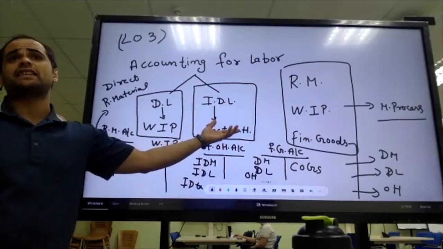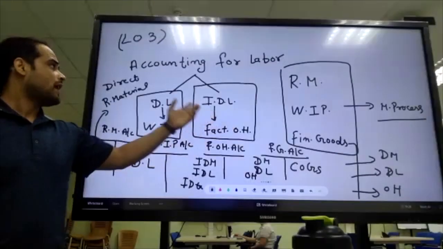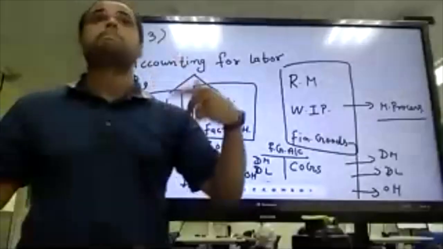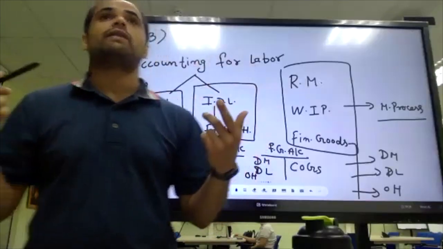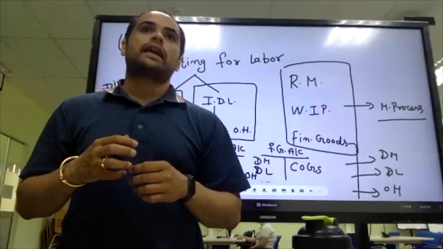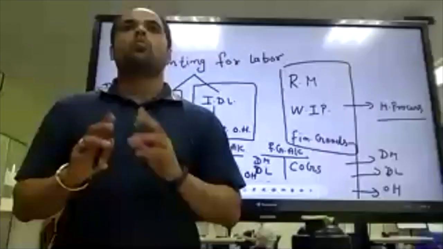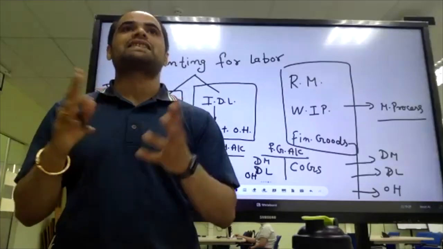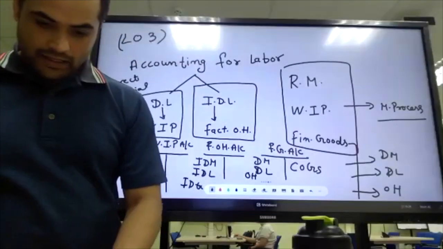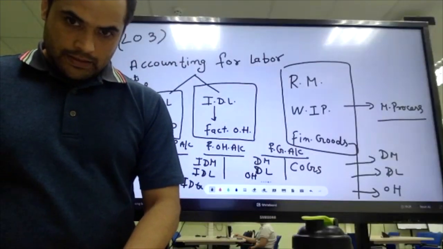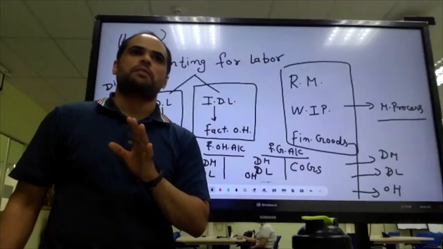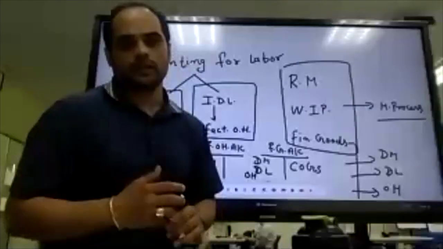Because factory overhead is an indirect cost, and direct labor is a direct cost, directly involved in production, directly involved in process. That's why it's called work in process accounts, right? Keep this in your mind. It's just basic information. We're not going to go into more detail or more calculations about this kind of T account.